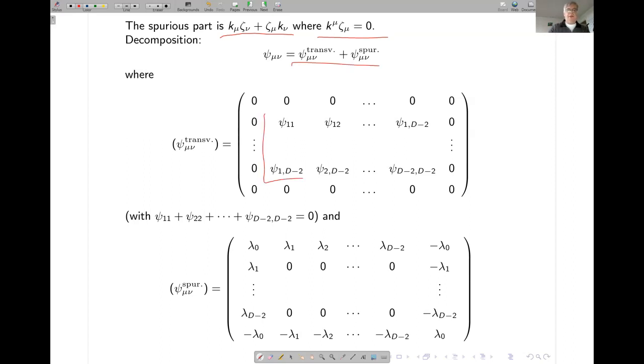And the transverse part then corresponds to a symmetric traceless d-2 times d-2 matrix, which sits in the middle. And then on the outer rim of this matrix, if you like, we have certain parameters, d-1 independent parameters, which are our gauge degrees of freedom. So it's a very explicit decomposition.